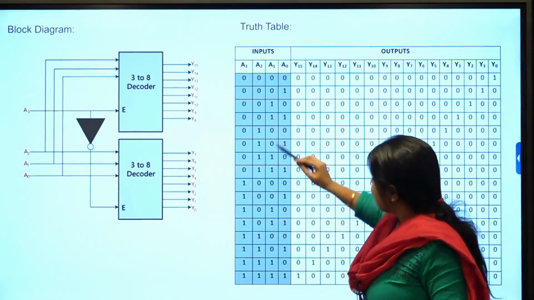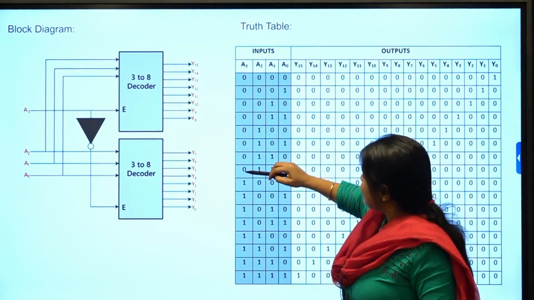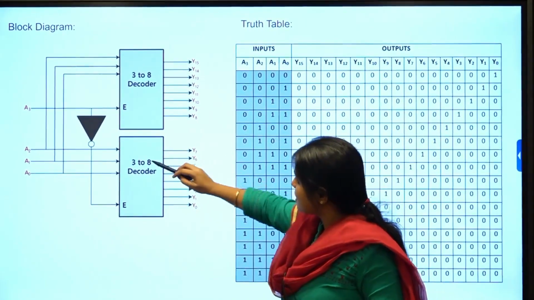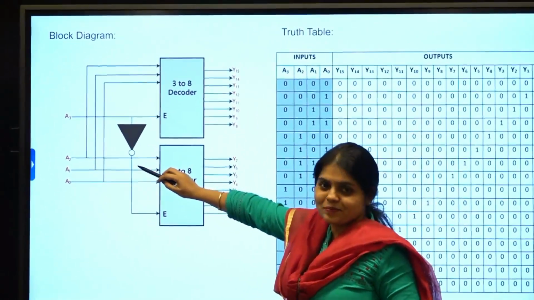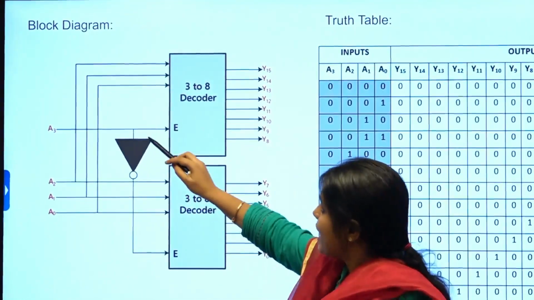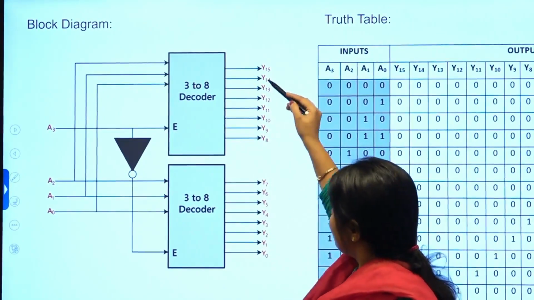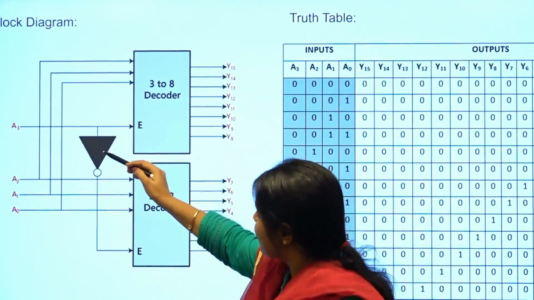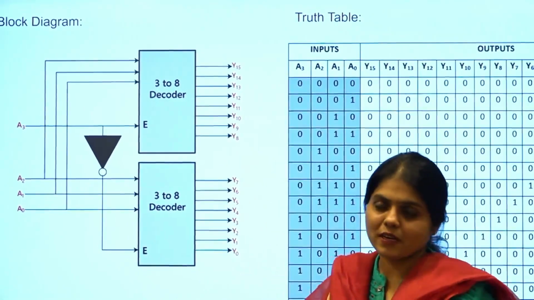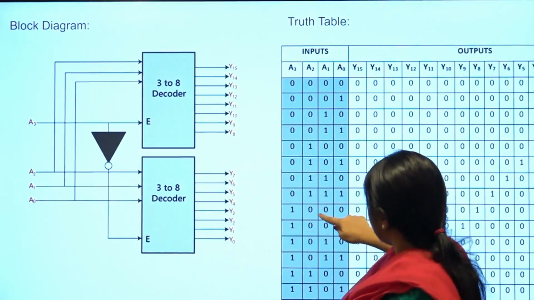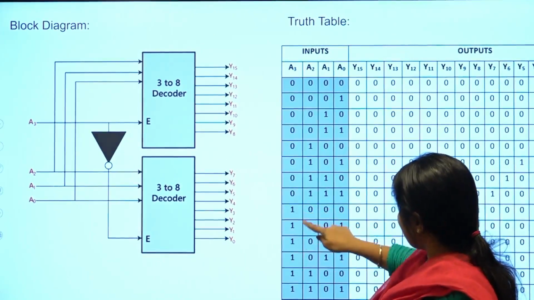So for Y0 to Y7, A3 is 0, and for that I take an inverter. Look at this: the A3 bit is taken through an inverter, so it is 1 for Y8 to Y15, and it becomes 0 by connecting an inverter to this particular thing.